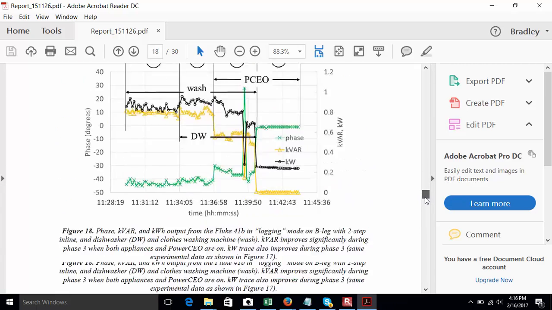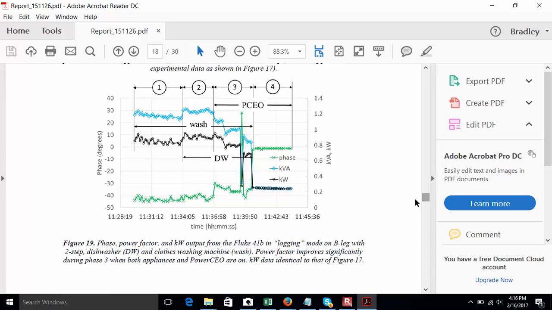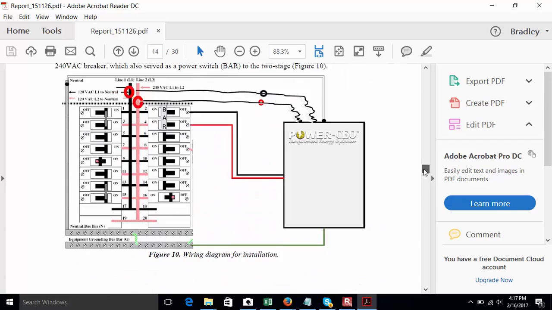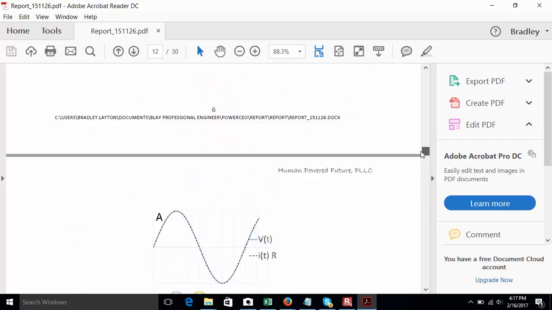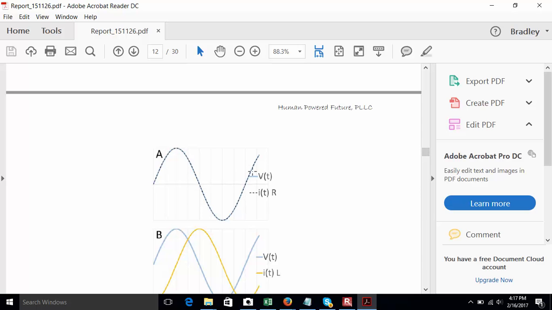So let's see if there's anything else. So we're showing the phase. The phase is coming back in when the thing comes online. That's what you want. Remember, we actually want to get back into phase. We want to be here. This is what we're aiming for.